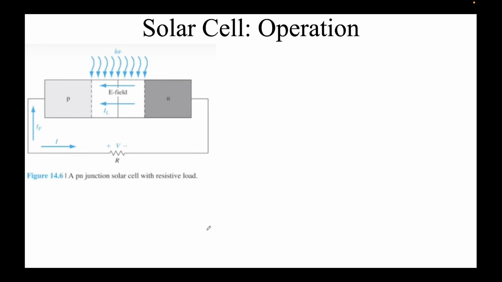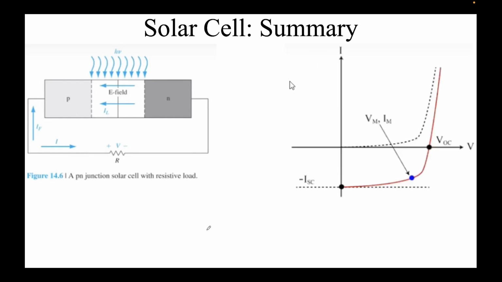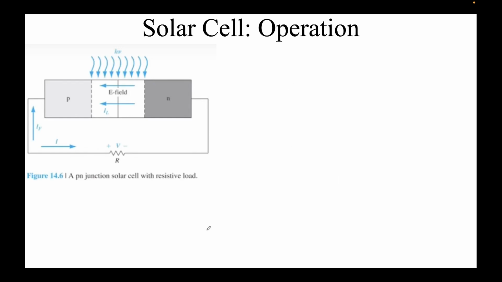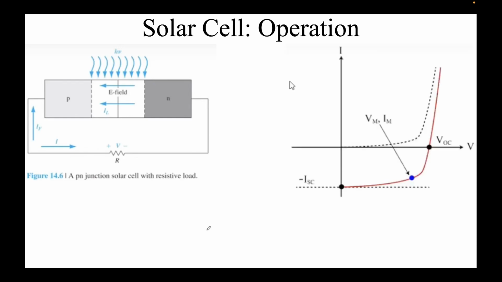As I've said, it operates without any external power supply, so to say. So what we'll do is, this is a PN junction, and the dotted line that you see is your typical PN junction diode.